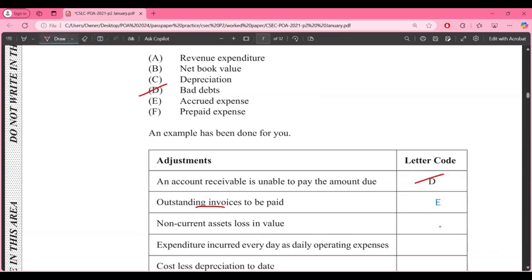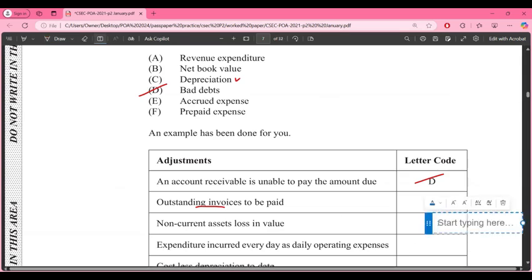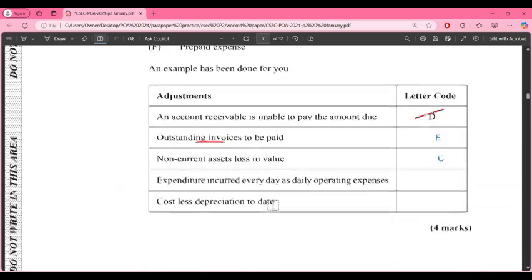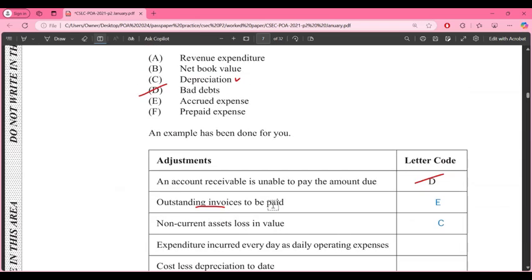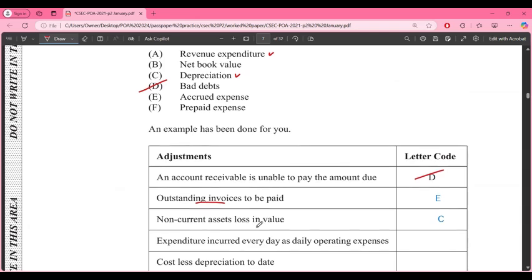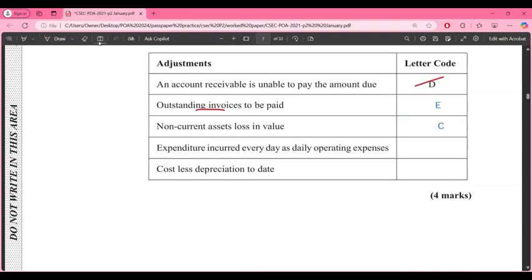So E says non-current asset lost in value. So that is the definition for, excuse me, sorry, depreciation. So you'll put C for that one. And expenditure, remember you have different types of expenditure. You have capital expenditure, you have normal operating expenditure.